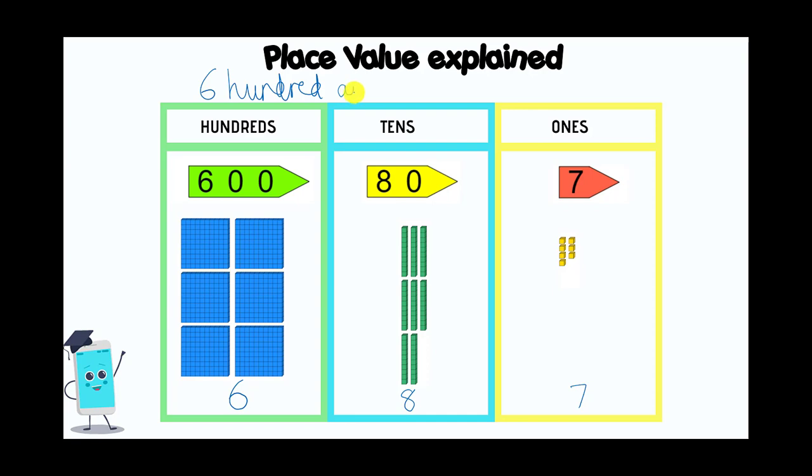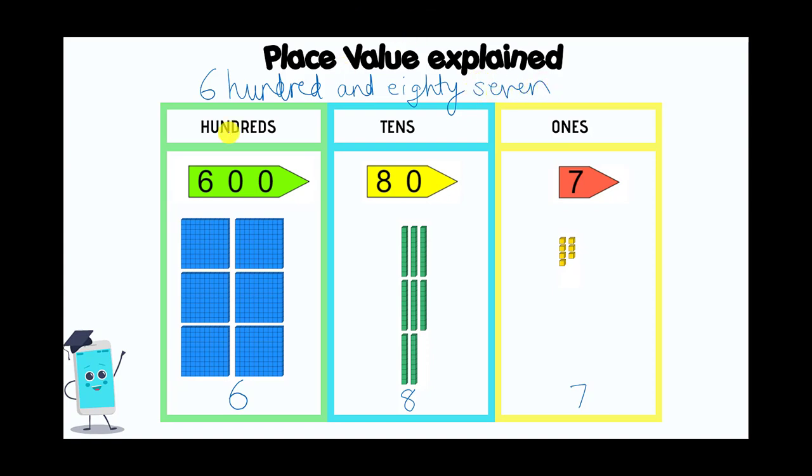Now, I could put 600 and 80, and then I've got 7. But does that sound right? Is that how we would say the number, 680 and 7? We would actually combine, we'd put together our tens and our ones, and we'd actually call it 87.